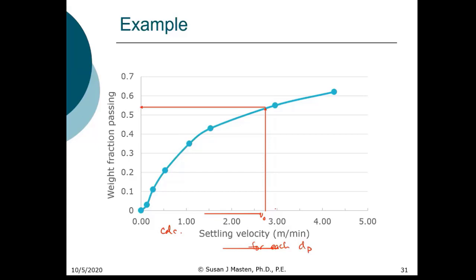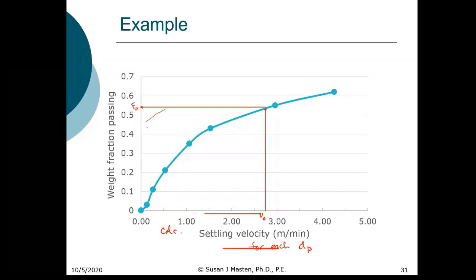This is 2.8. What we want to do is calculate the area under the curve. This will correspond to F naught, so it's the fraction passing at V naught, at the overflow rate.